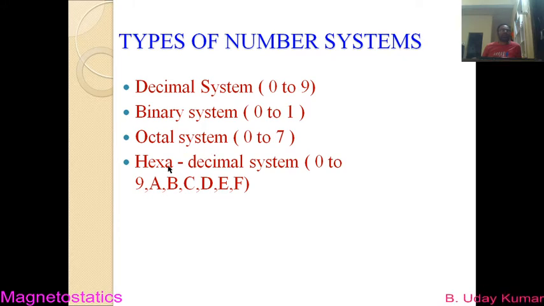Then another one is the hexadecimal system, which has the basic digits or symbols from 0 to 9 and more. In the decimal system after 9 we have 10, but in the hexadecimal system after 9 you will have capital A, B, C, D, E and F. That means from 0 to 9 you have 10 digits and another extra 6, so overall 16 basic digits are present in the hexadecimal system.